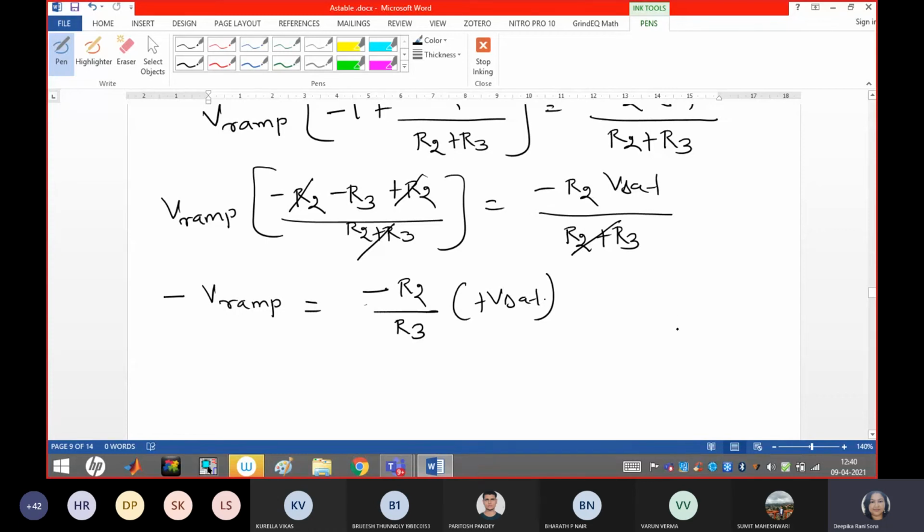Correct or not? Yes, that's what I'm saying. The minus term is there; I have kept minus only. This negative term is here only. Just R3 has been multiplied with minus of R2 Vset, giving 1 by R3. Okay, so just make a box of this.